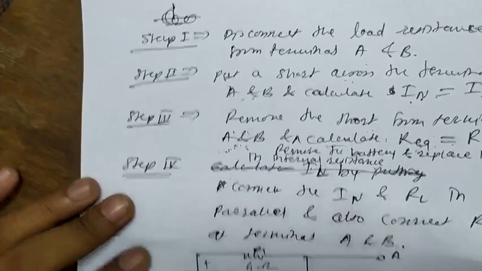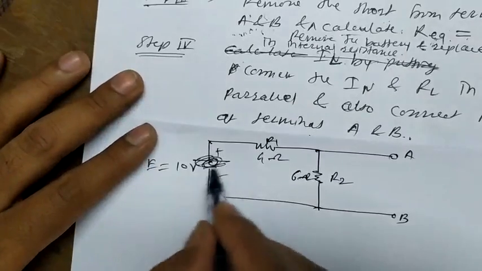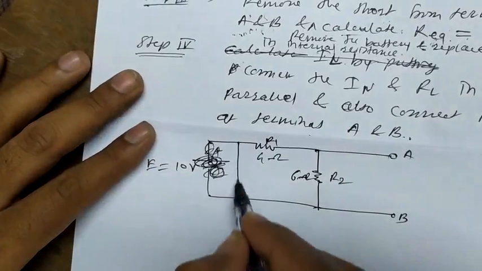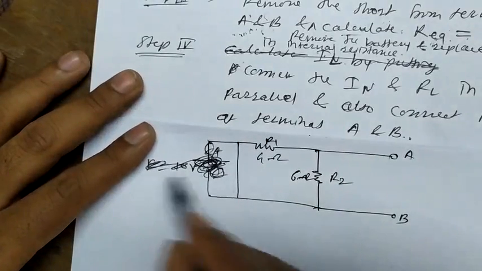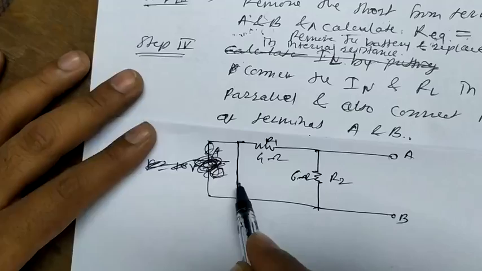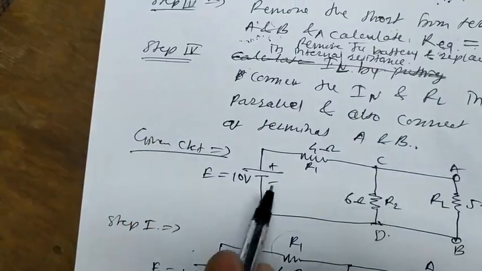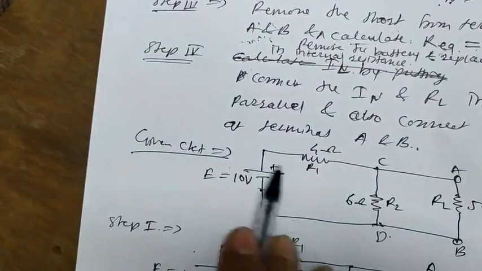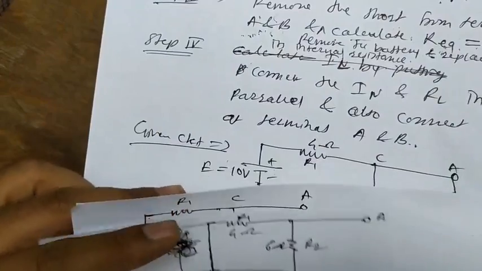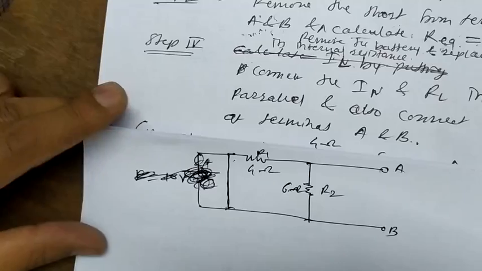This is step 3. Now in this case we will remove this battery and replace it by its internal resistance. In this case we have not been given any internal resistance here. It means that the internal resistance is 0. Therefore internal resistance is here 0.